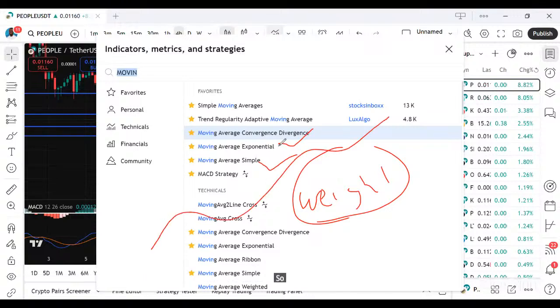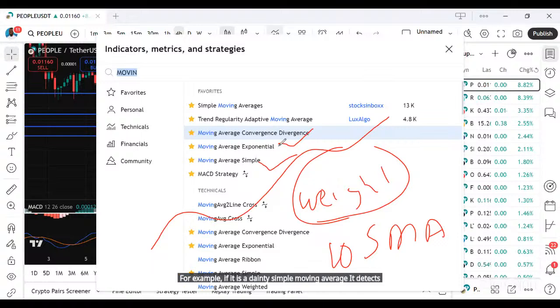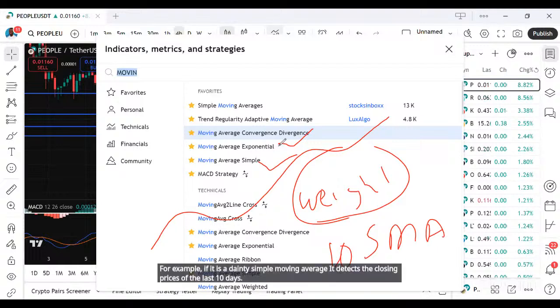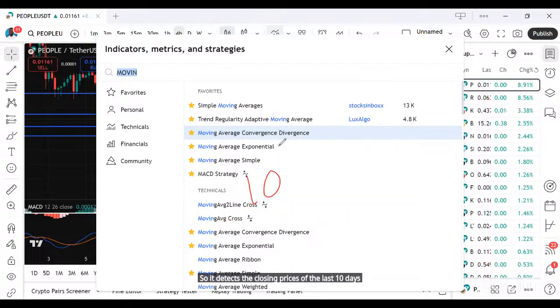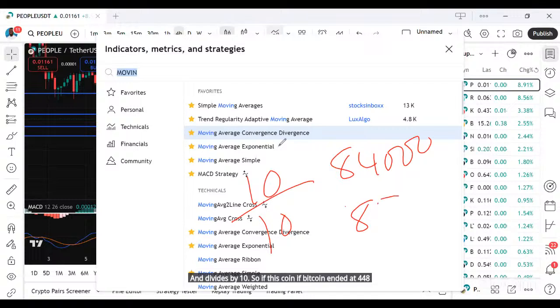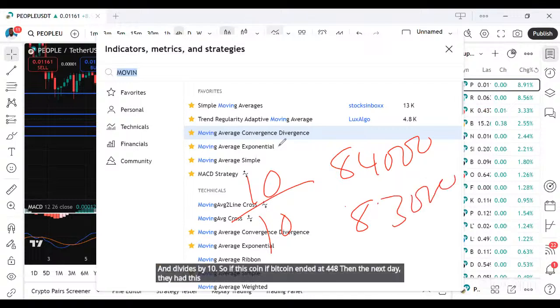If it is a 10 simple moving average, it takes the closing prices of the last 10 days, adds them up, and divides by 10.